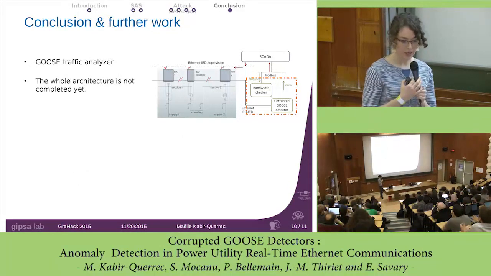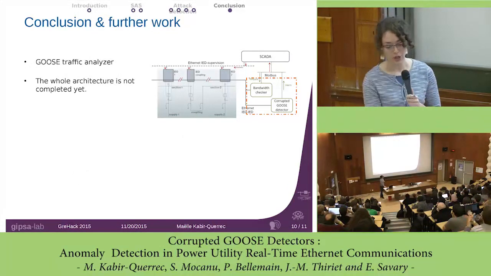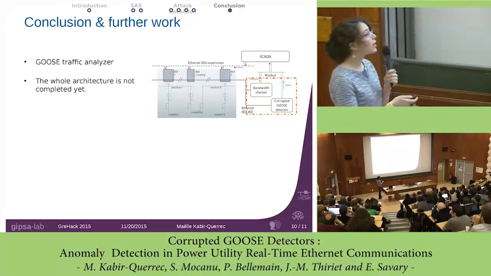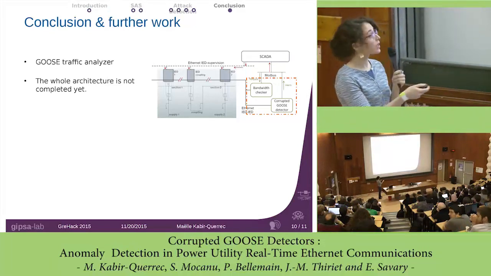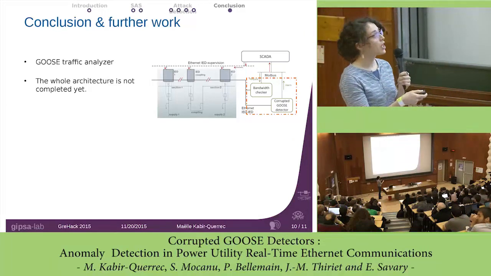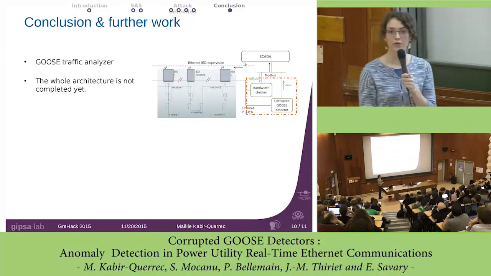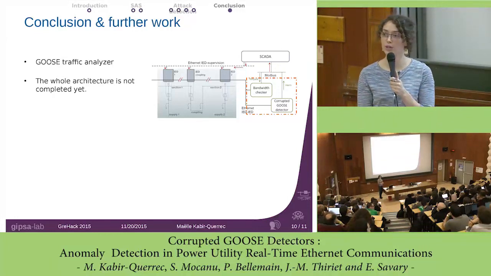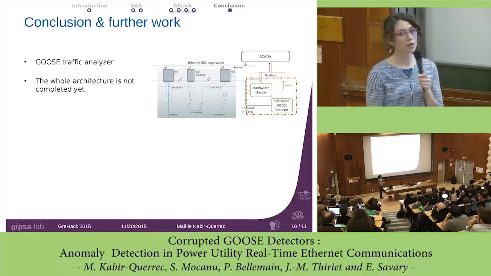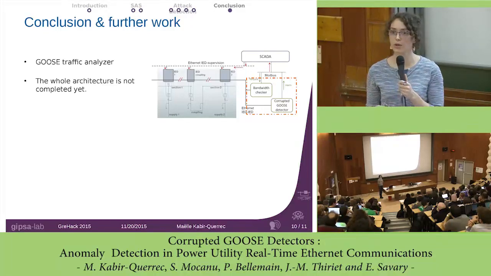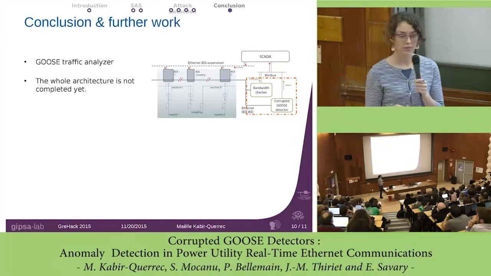So here is the conclusion of this presentation. I presented the whole architecture, but in this paper I just explained the two detectors of attacks on the GOOSE network. It's ongoing work, so it's not completed yet.